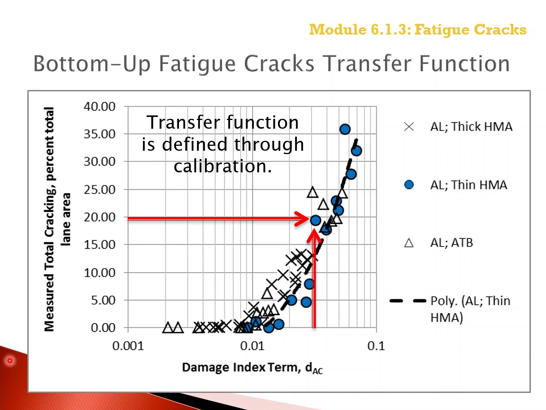And all of the data is then compared and used to define basically the transfer function relating the damage index from bottom-up fatigue cracking to what we can see and measure on the pavement surface, percent total lane area with bottom-up fatigue cracking.